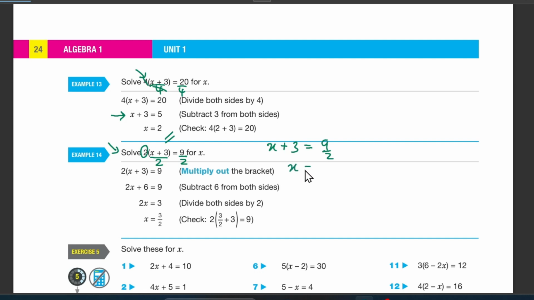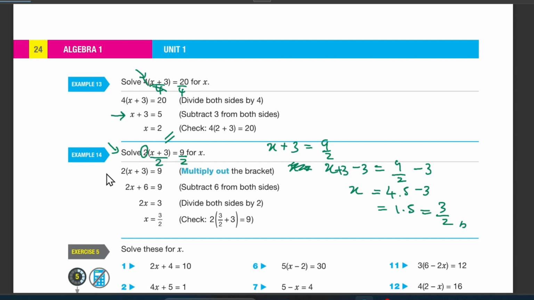So to get rid of this plus 3, I have to subtract 3 from both sides. 2 minus 3. So x equals 4.5 minus 3. So that's 1.5, that's equal to 3 over 2. Okay, so that way also we can get the answer.